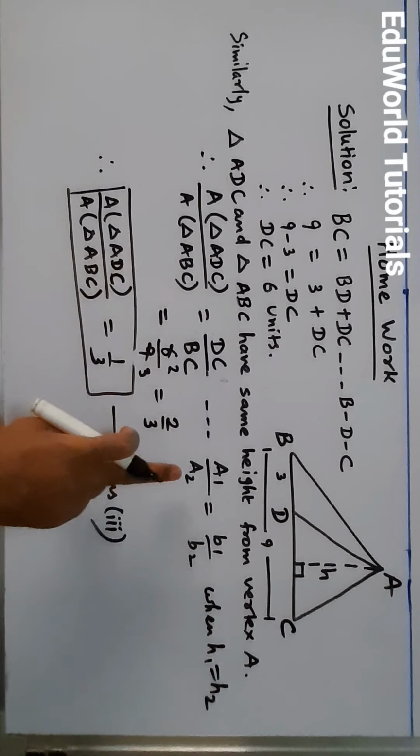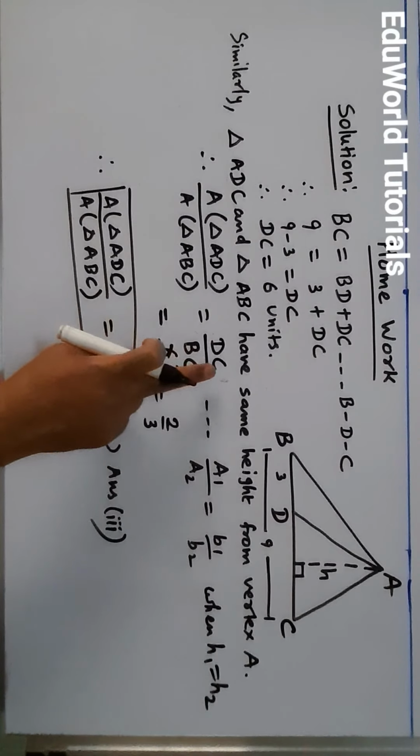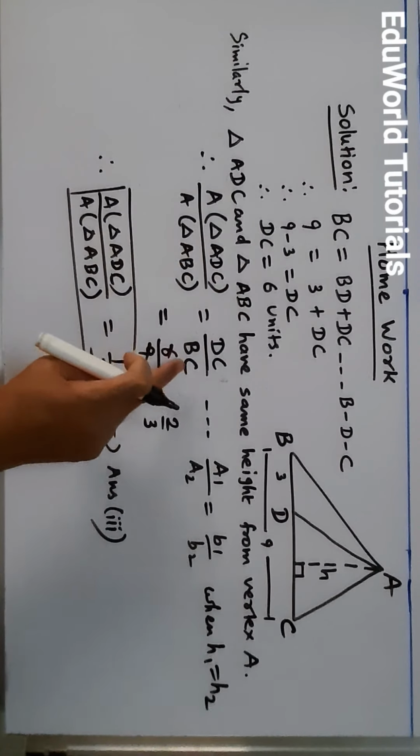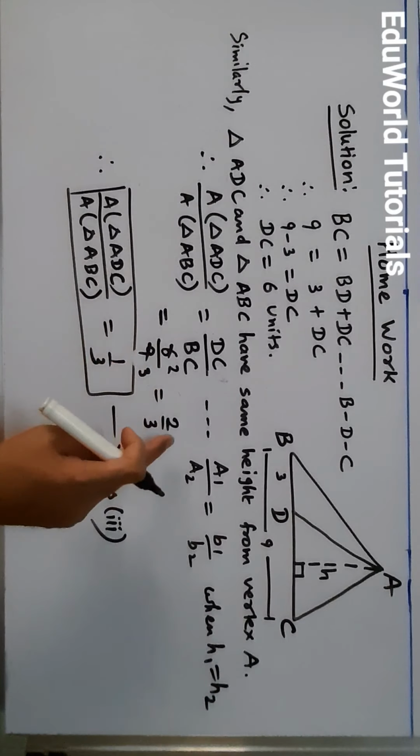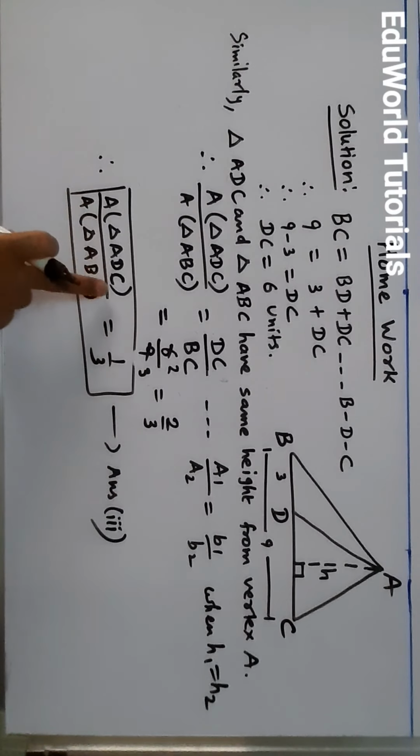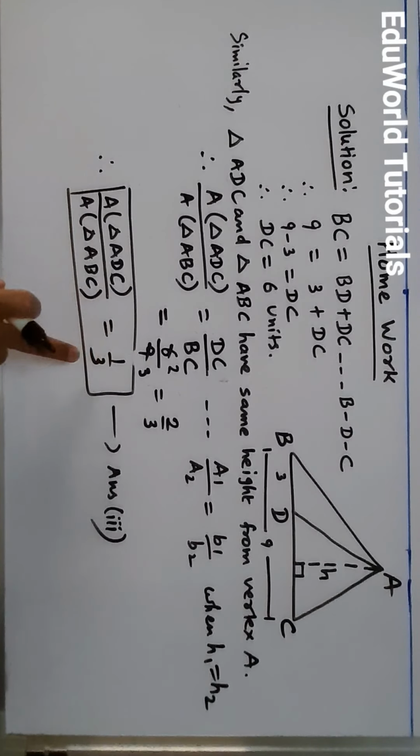Same reason. Now DC is 6, which we have found here, and BC is 9. 6 by 9 cancels: 3 2s are 6, 3 3s are 9, so 2 by 3. So the ratio of area of triangle ADC to area of triangle ABC is 2/3. This is answer number 3.